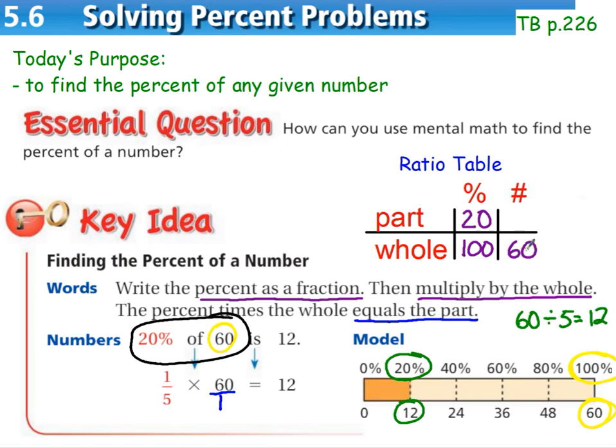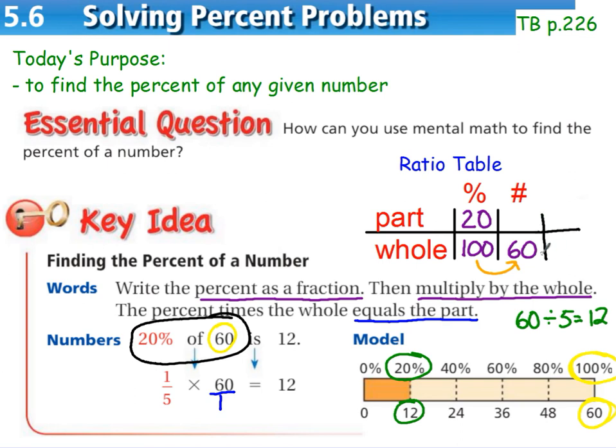Now we've talked about how we can multiply both numbers or divide both numbers by another number to get an equivalent ratio. In this case, though, I cannot divide 100 by a number to get 60. So what I'm going to do is actually add another column to my ratio table.